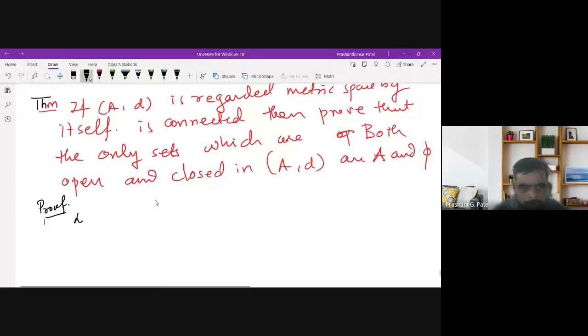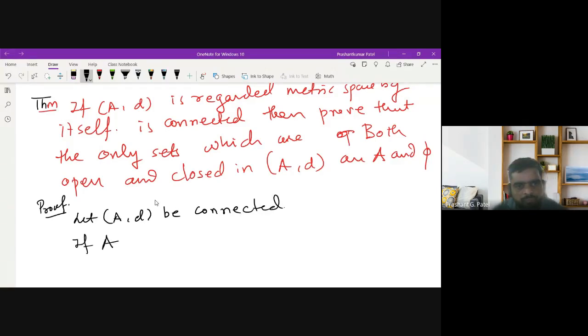So let A, D be a connected set. That is the given condition. If the set is connected, we have to prove that A and phi are the only two sets which are both open and closed. So let us assume that there is another set which is both open and closed.